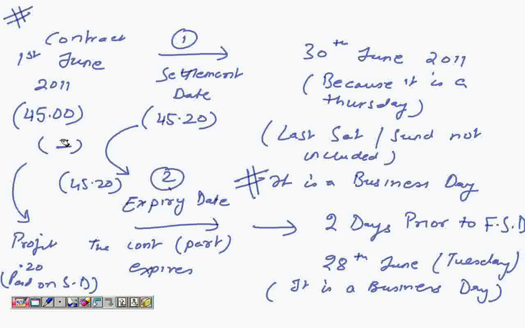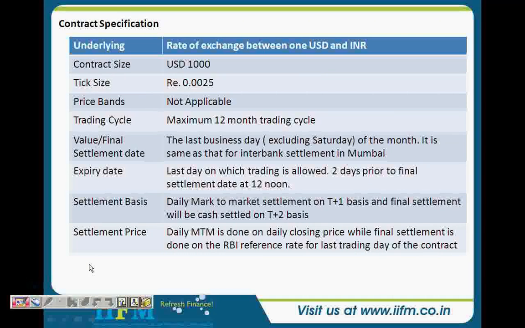When you say that on 1st of June at 45 you bought a contract, and it is expiring on 28th June, it will in any case expire on 28th of June and the trading will stop in that contract. If the value was 45.20, that is the final price for that contract, and it will be paid on the settlement date, which is 2 days later than the expiry date.